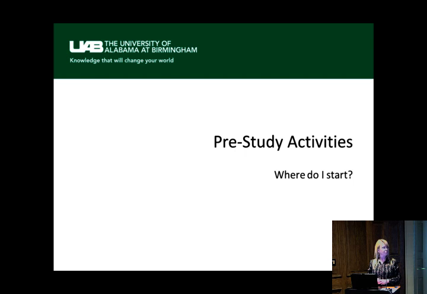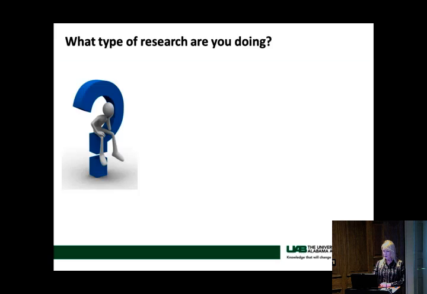So all of us here have a lot of experience when it comes to clinical research, but it's really interesting the different varieties of what all of us has done. So what I want to talk to you today about is pre-study activities. One of the first questions you want to ask yourself is, what type of research are you doing?